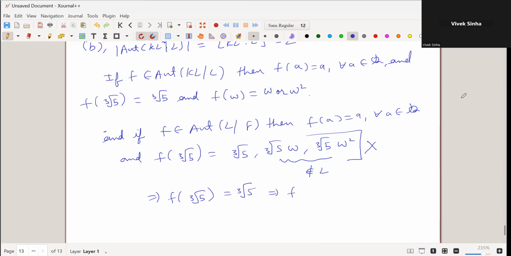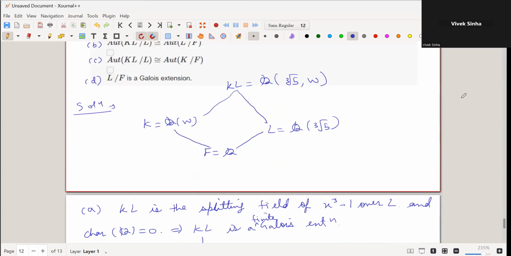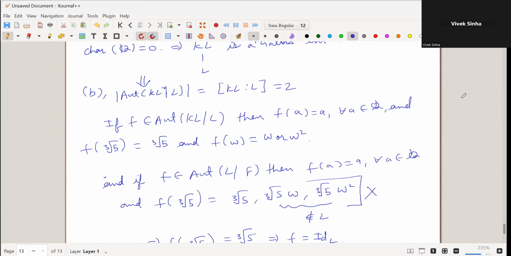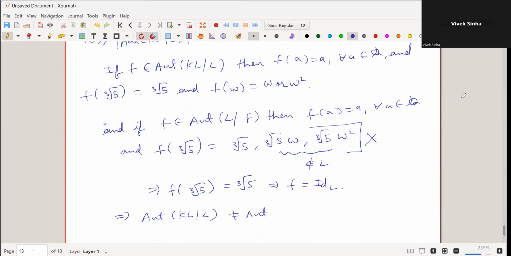So f is just the identity over L. So the automorphism group of L over F is clearly not the same as the above group, not even at the level of isomorphism, because it has cardinality just one, and the above group has cardinality 2. So they are not isomorphic. Clear?